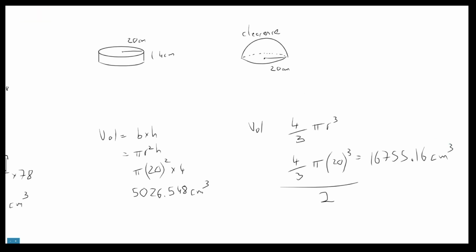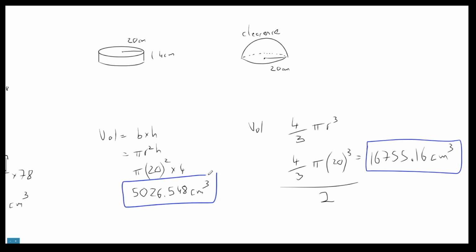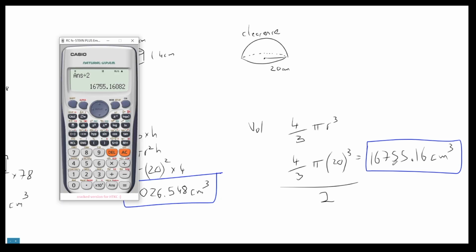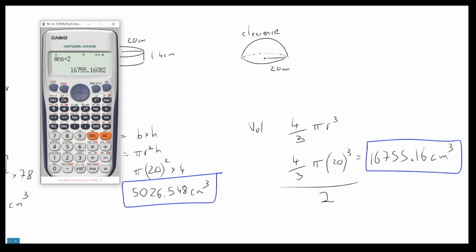So now I've got all my ingredients. I just need to put them all together. I know that the clearance is these two things combined. I can add them, right? So clearance is going to be that 16,755 we just worked out plus the 5,026.548.